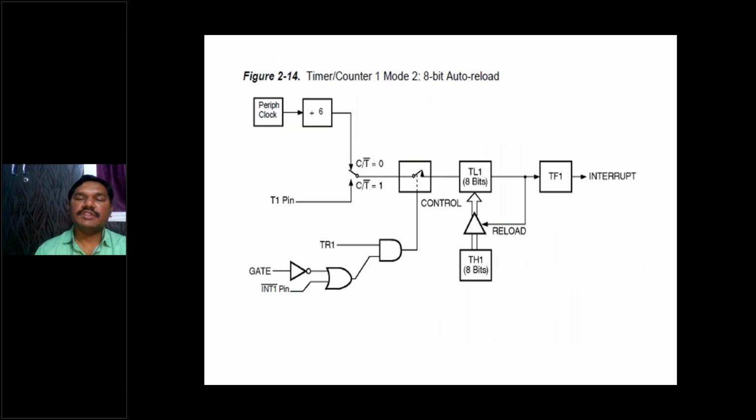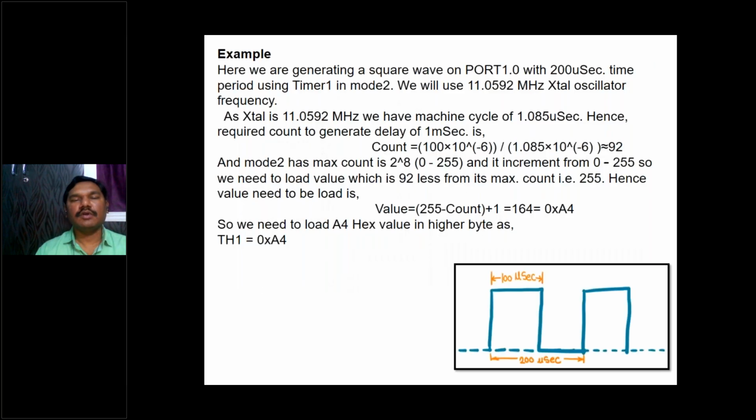Here you can see the circuit diagram of 8-bit auto reload mode. Here, first we have to find the count value. How do we generate a square wave on port 1.0 with a 200 microsecond time period using timer 1 in mode 2? 200 microseconds means 100 microseconds for on time and 100 microseconds for off time.